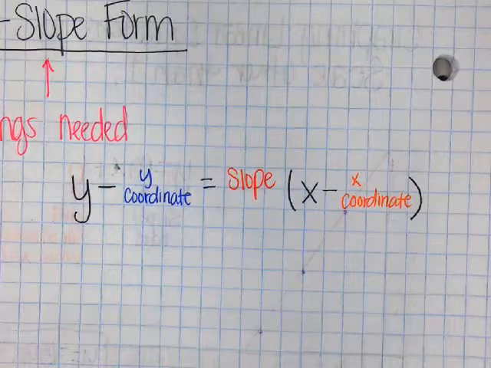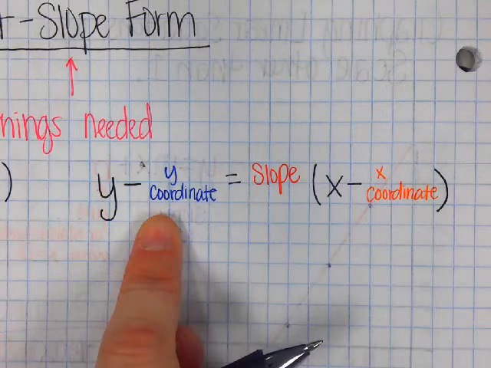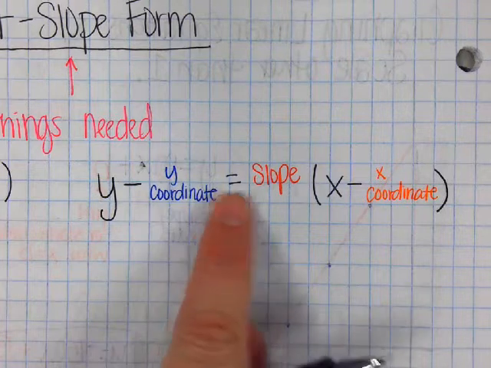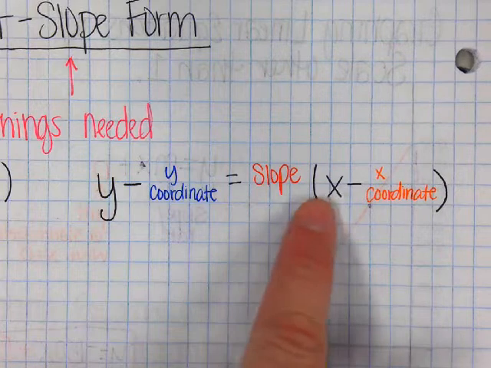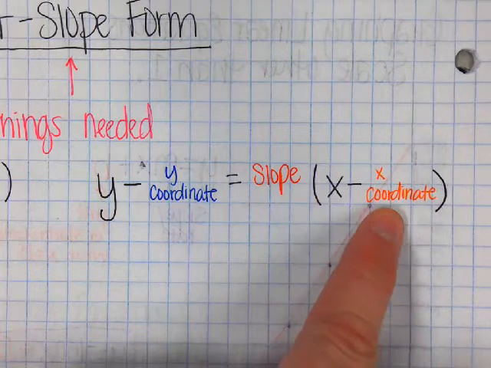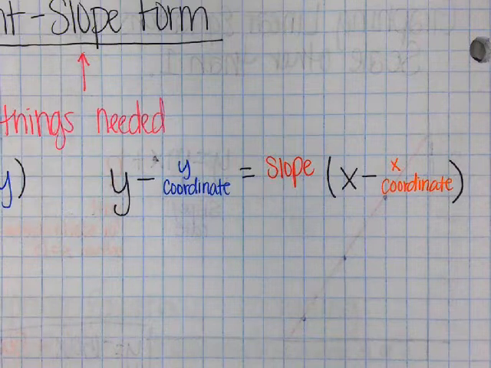So it's y minus the y coordinate, whatever the y coordinate is, equals the slope, and you know how to find the slope because we've been working on that for a couple of weeks, then parentheses x minus the x coordinate.